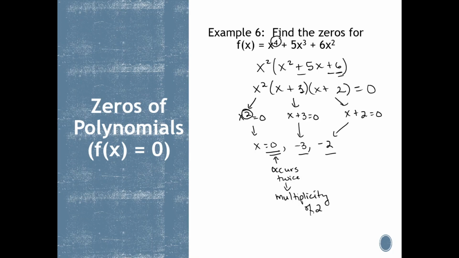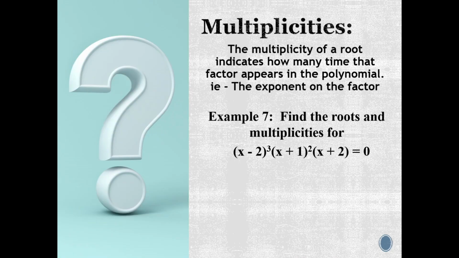Okay? All right. Now, the multiplicity indicates how many times that factor appears in the polynomial. In other words, the exponent on the factor. So here we have, this one would tell me x equals 2 with a multiplicity of 3 because it happens 3 times. This factor would tell me x is negative 1 with a multiplicity of 2 because it occurs twice.